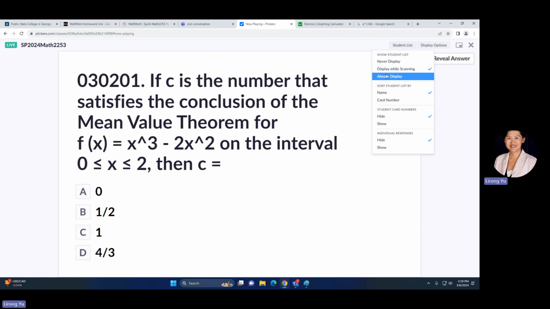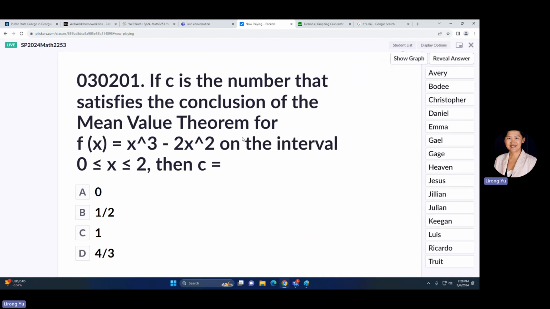All right, this is a polynomial. I typed it up as x to the power 3 minus 2x to the power 2. We choose the interval 0 to 2, and let's find the c in the mean value theorem. Let's see if you can find the answer.